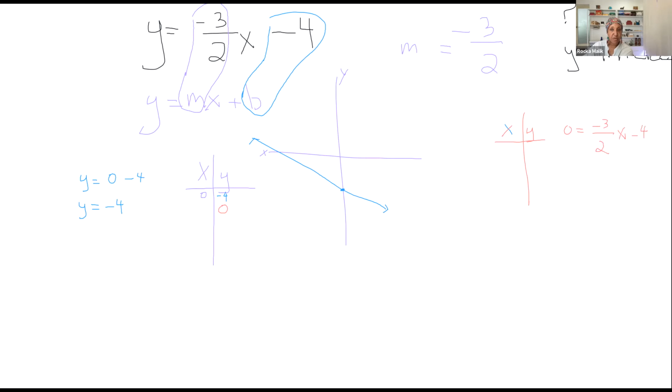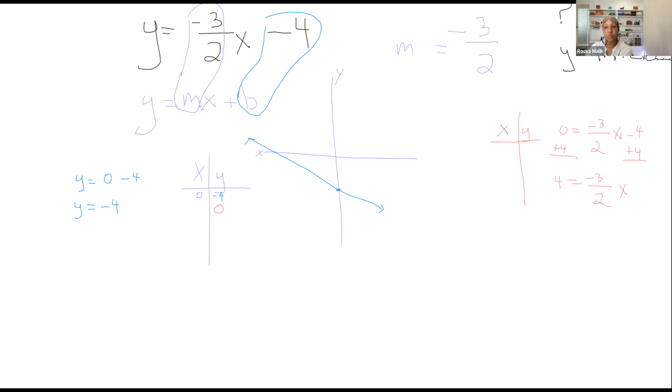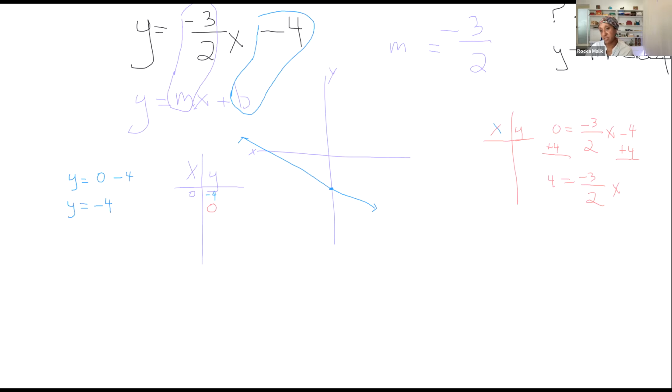So I'm gonna take this -4 to this side. We're doing +4. So 4 equals -3 over 2 x. If you want to get rid of this 2 and you don't want to bother dividing by fractions, you can multiply the whole equation by 2, which doesn't change the value of my answer any.